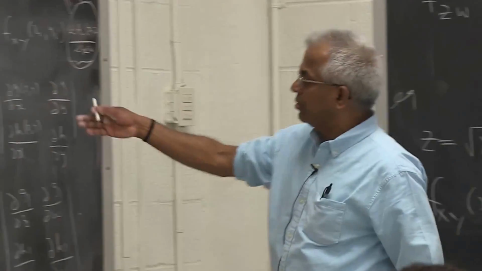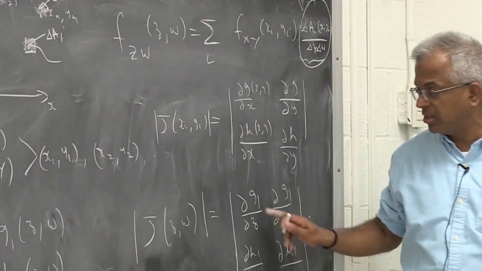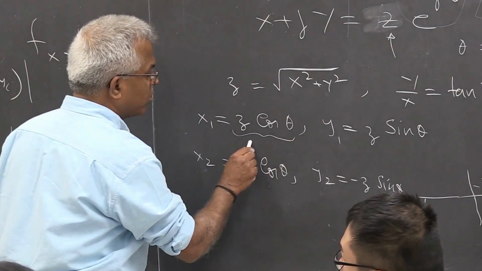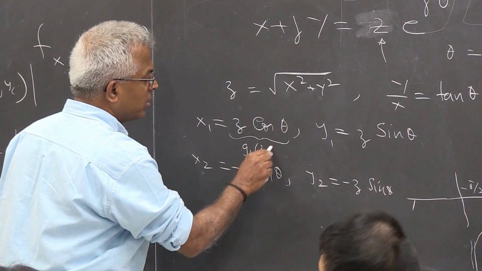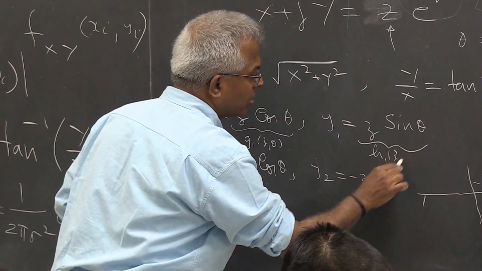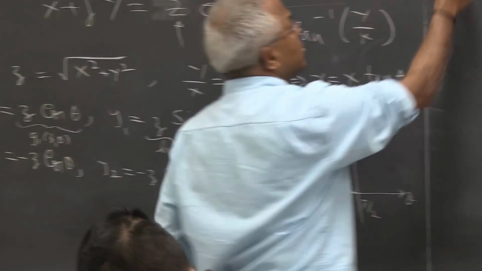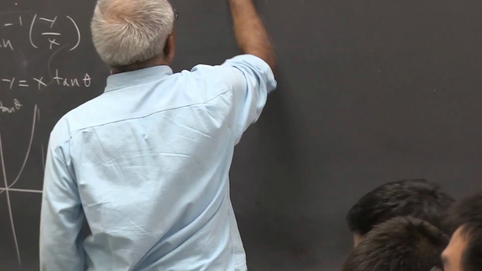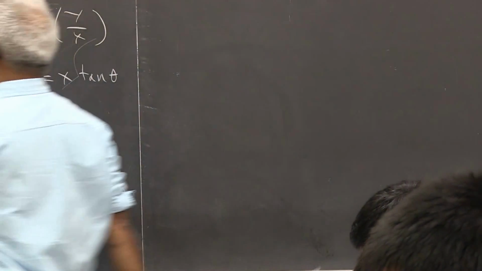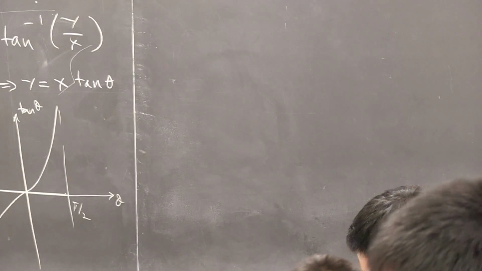Either formula you can use. Now since we have this, so this is your g1. X has been expressed, so this is your g1 function, g1 of z comma theta. This is your h1 of z comma theta. So if I take the derivative for the Jacobian, derivative of g1 with respect to z, what do you get?